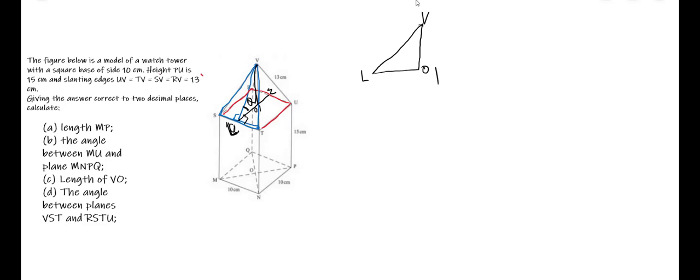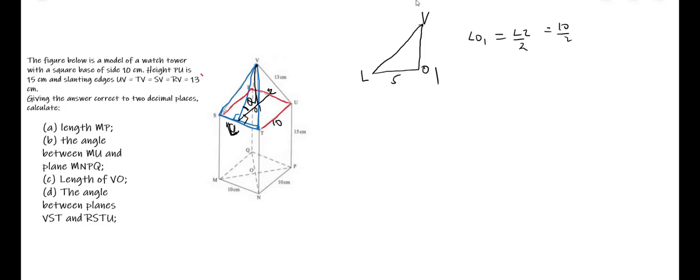We can simply get LO1 because if PN is 10, then TU is also 10, which means LZ is also 10, but LO1 is LZ divided by 2, which is 10 divided by 2. So LO1 is 5. But we don't know LV.